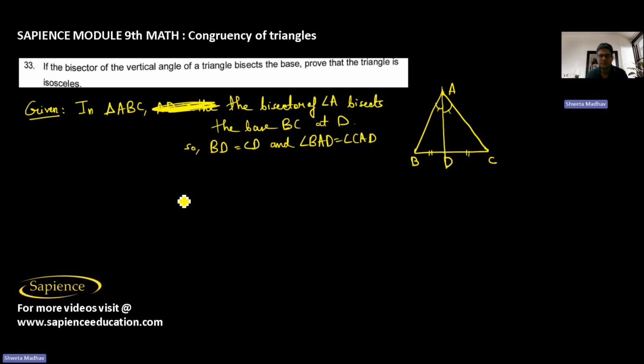These two angles are equal. So we have to prove that triangle ABC is isosceles.